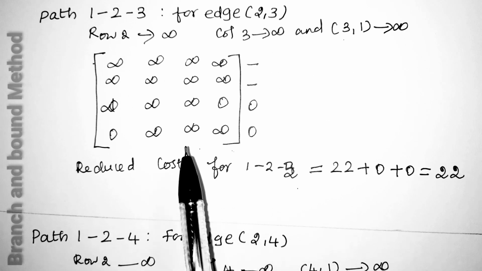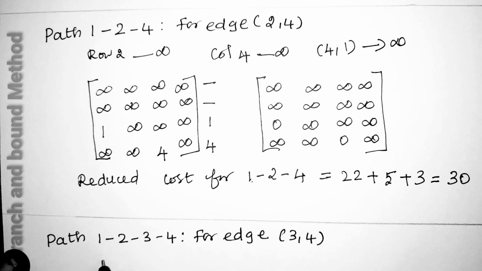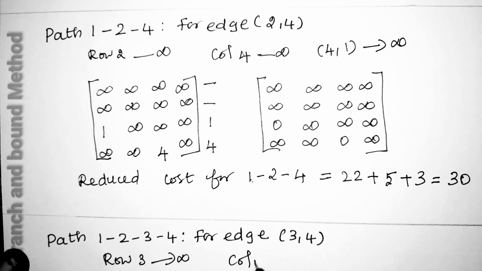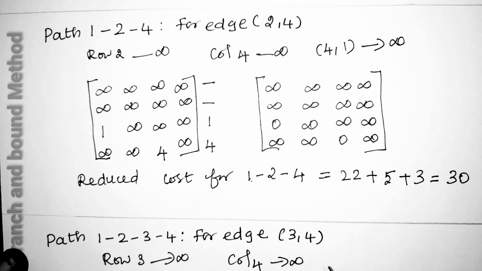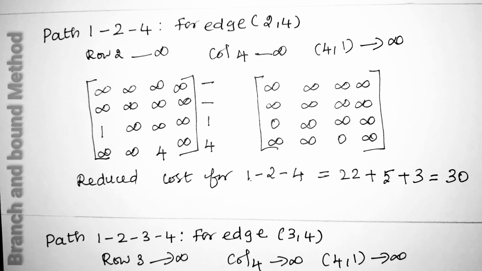This is the base matrix. From this, you have to find the reduced matrix. For this, row 3 is infinity, column 4 is infinity, and 4, 1 is infinity. The reduced matrix is taken from the path 1, 2, 3.